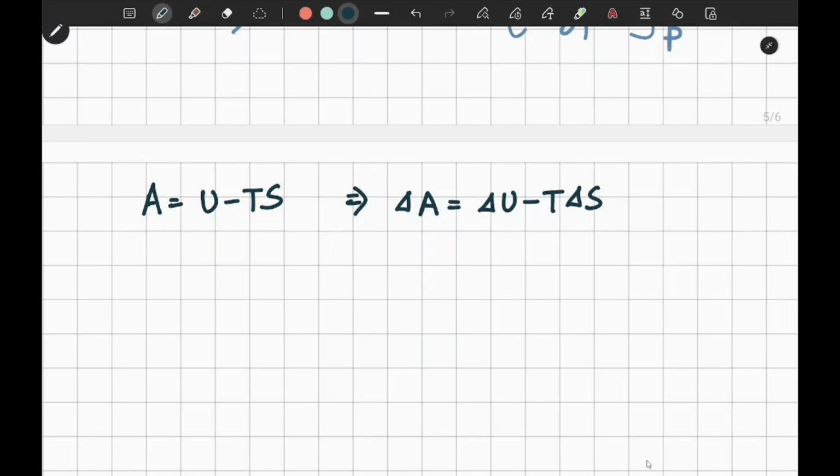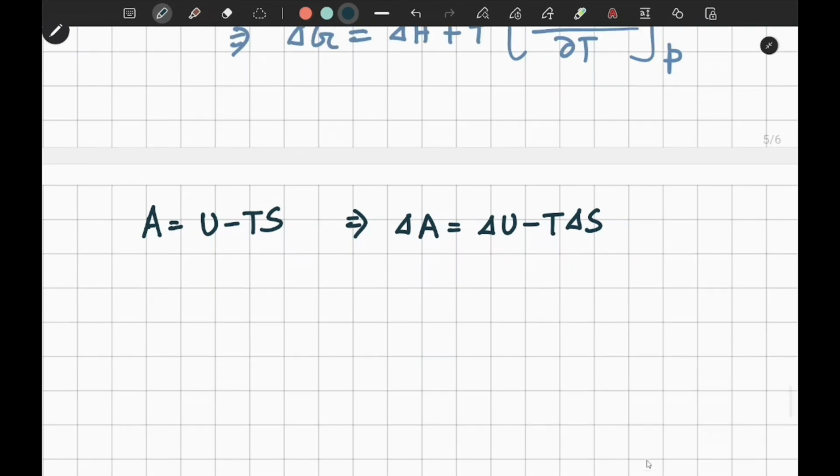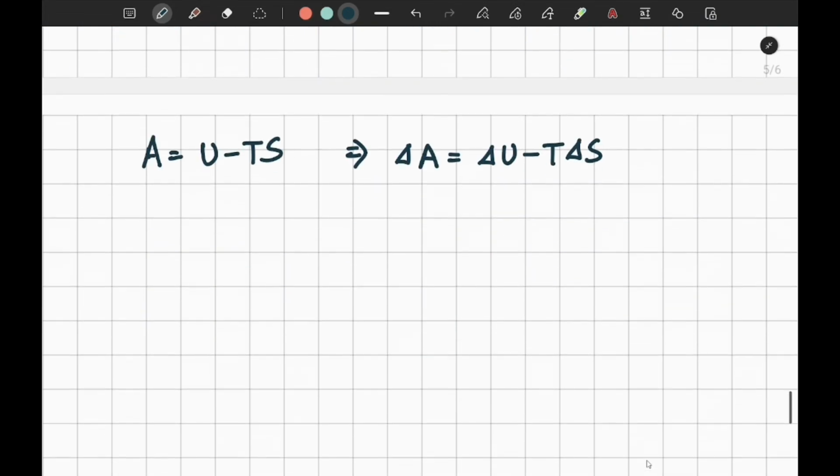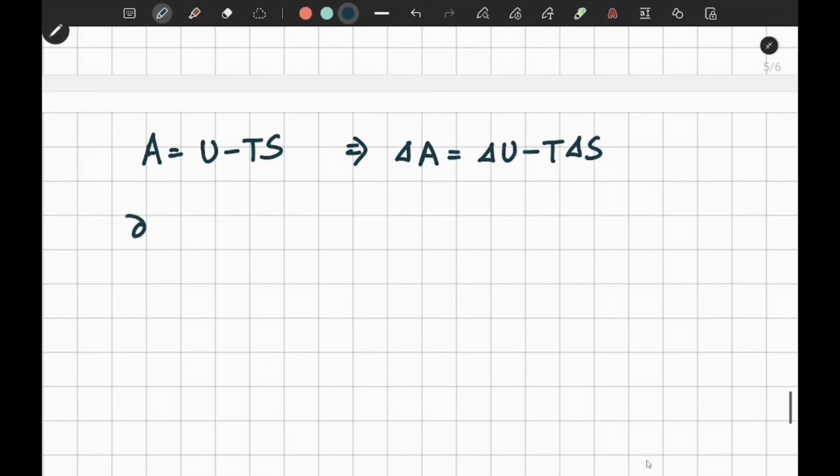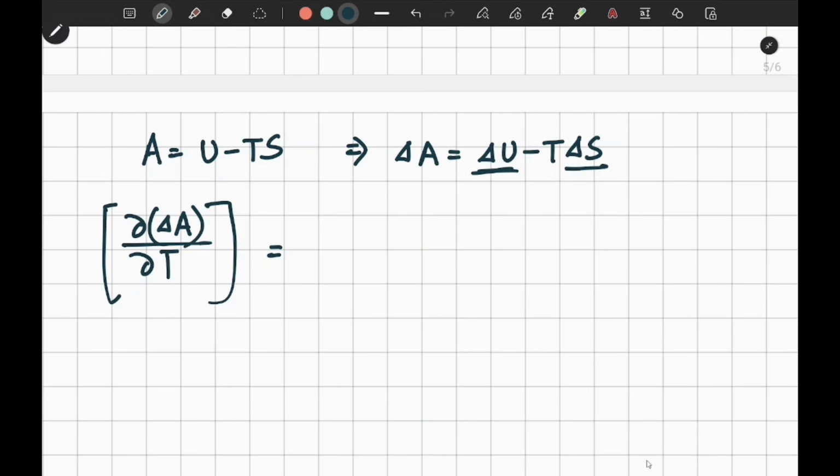Okay. So now if we follow the same way, if we want to calculate this quantity, if you see from here, this will be the change in delta U, and you have to take the derivative first and second.